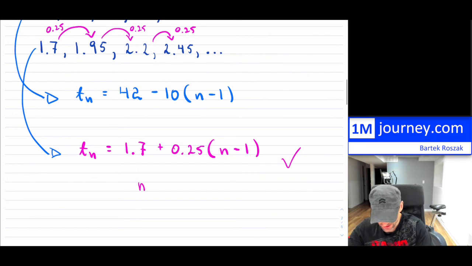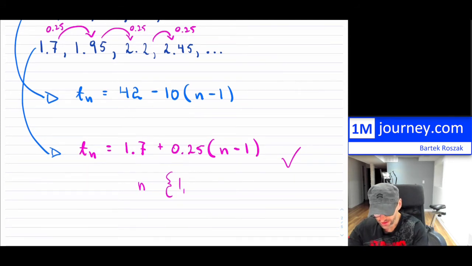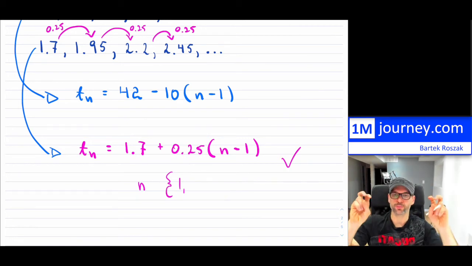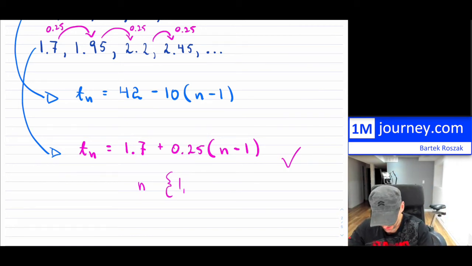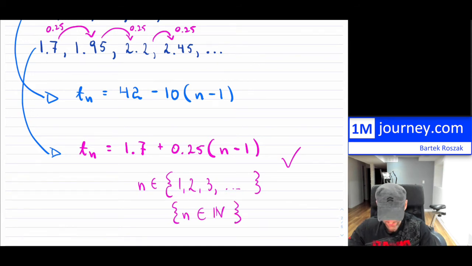For all of these, n is going to be equal to 1, 2, 3, and so on. It's almost like our domain. Or you can write it as n belongs to the set of natural numbers. And that's just fine.